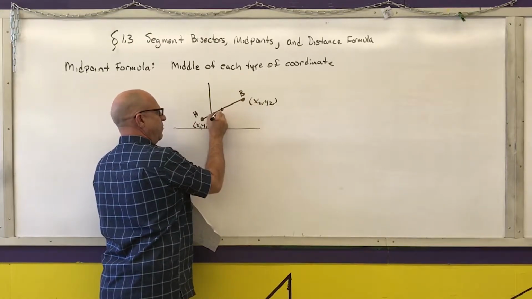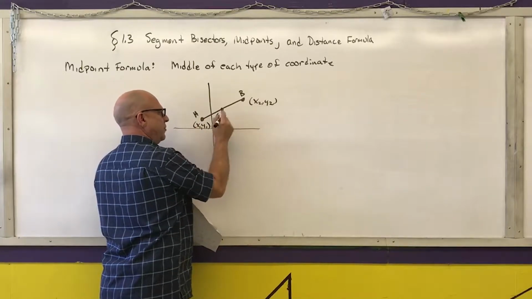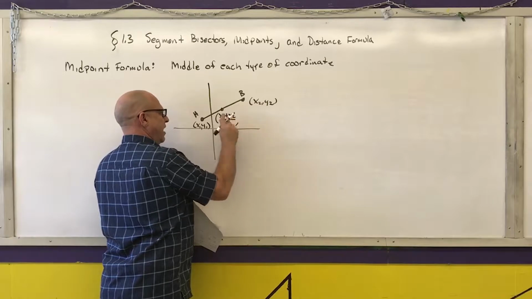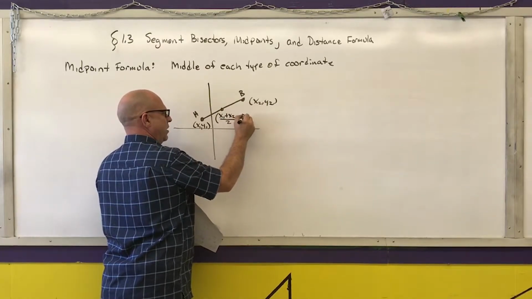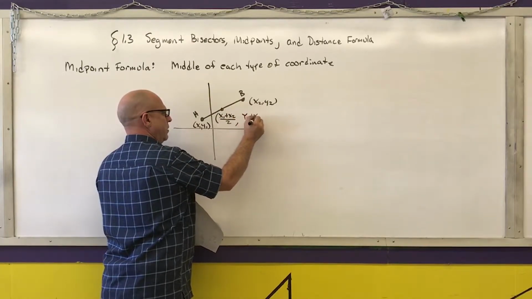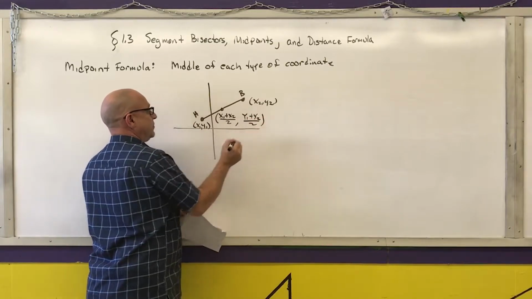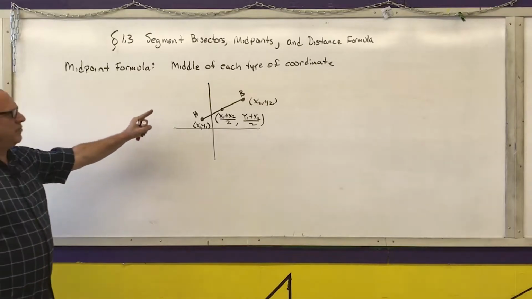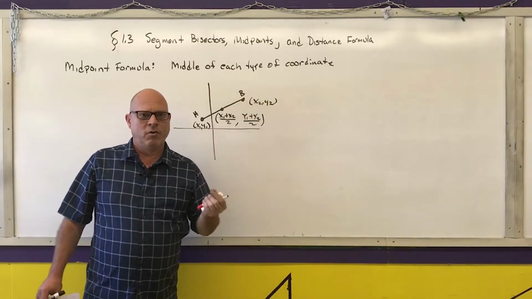Well, halfway over is these two numbers added together, divided by 2. Halfway up are the y coordinates added together, divided by 2. So to find the midpoint, you find the average of your x coordinates and the average of your y coordinates.